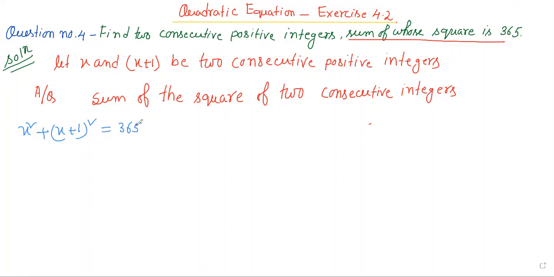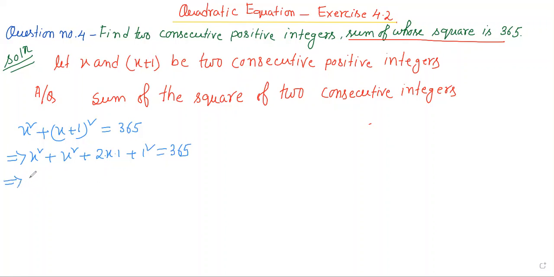Now if we simplify it, x plus 1 whole square is a plus b whole square, so we will break it using that identity. It will be x square plus 2 into x into 1 plus 1 square is equal to 365.